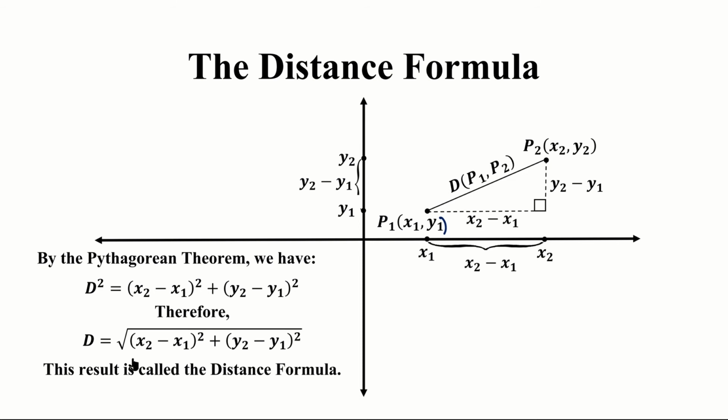That's a better way of thinking about it, because if d squared is this expression, that means d is going to be plus or minus the square root of the same expression by the square root property. But remember, distance is always non-negative, so therefore we only take the positive case to be valid. So we get the square root of quantity x2 minus x1 squared plus quantity y2 minus y1 squared, and this result is called the distance formula because clearly it gives us the distance between any 2 points in the plane.